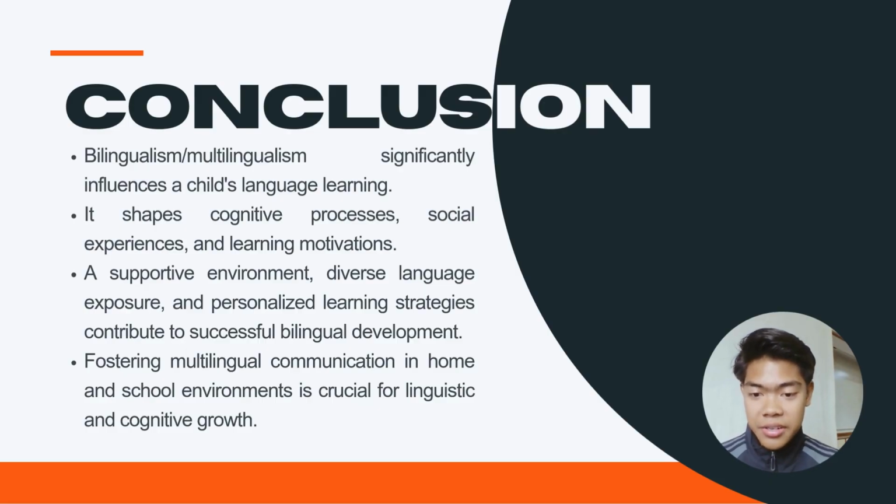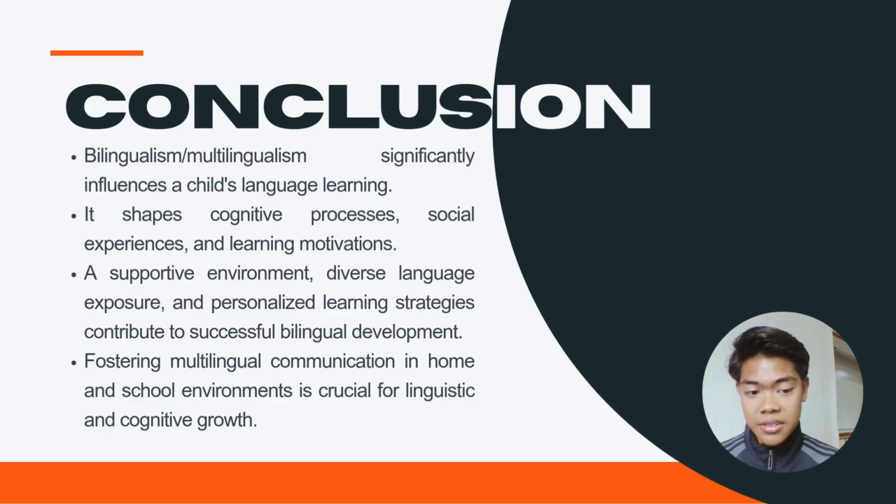Now, to summarize everything, this case study underscores that bilingualism and multilingualism significantly influence a child's language learning by shaping their cognitive processes, their social experiences, and even their learning motivations.